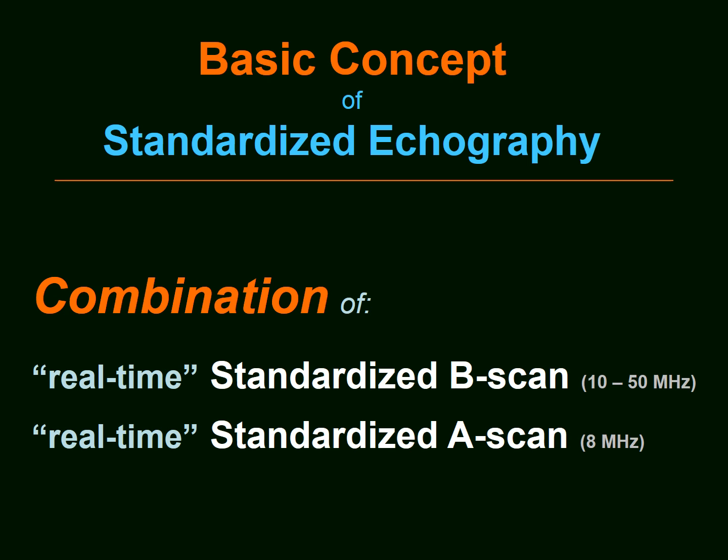Real-time meaning, in contrast to the conventional CT scan and MRI, we look at the echograms as they are dynamic and change with changes of the probe position of the eye, gaze direction, and so on. Pulsations are being seen and so on. That is real time. That's one of the great advantages of standardized echography over those radiological methods.